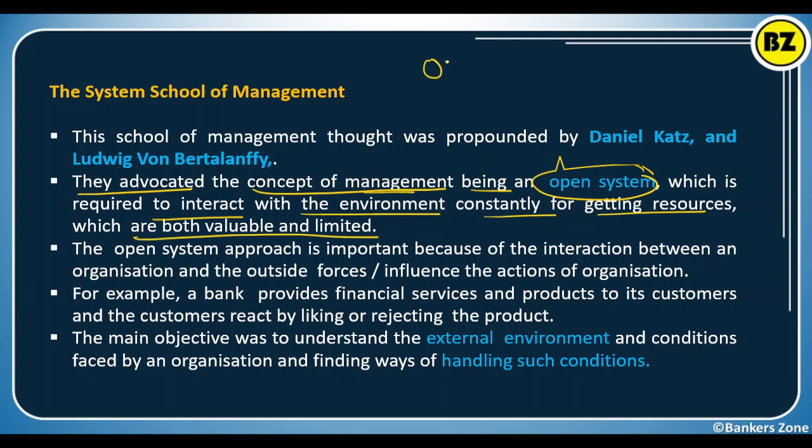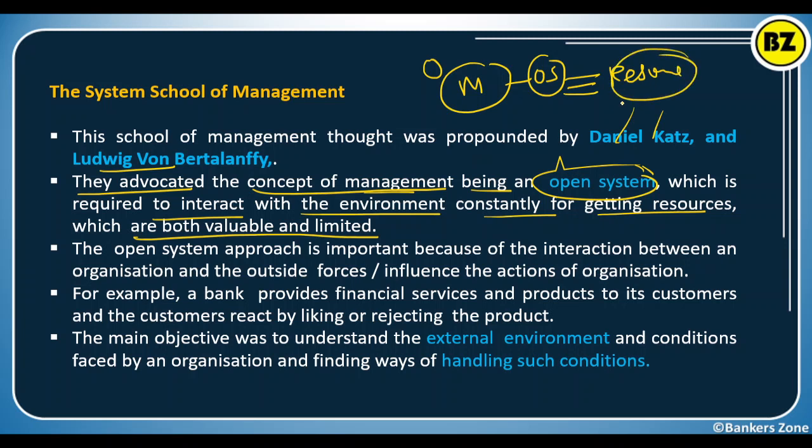According to Daniel Katz and Ludwig, management is nothing but an open system, and that open system needs to interact with the resources often. The open system approach is important because of the interaction between the organization and the outside forces which influence the actions of the organization.